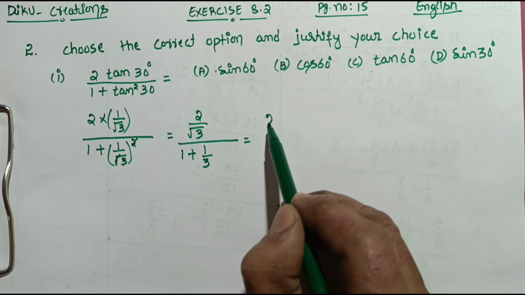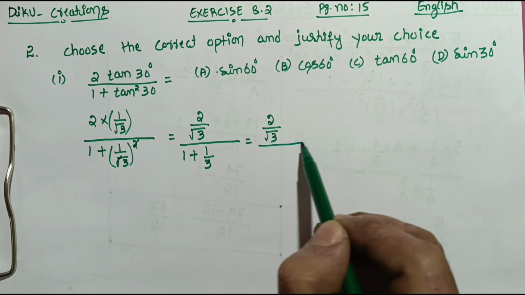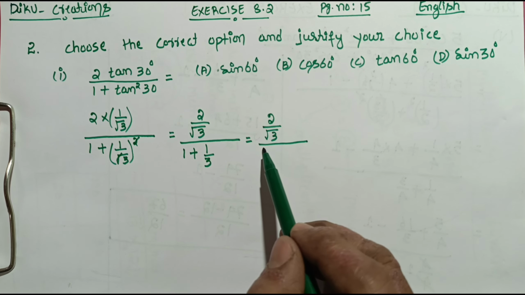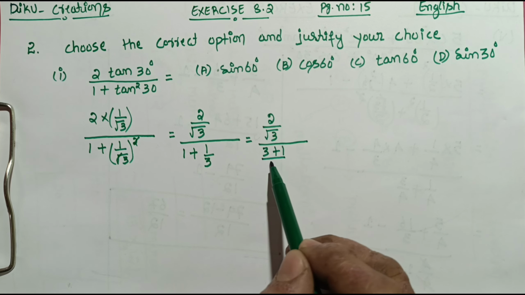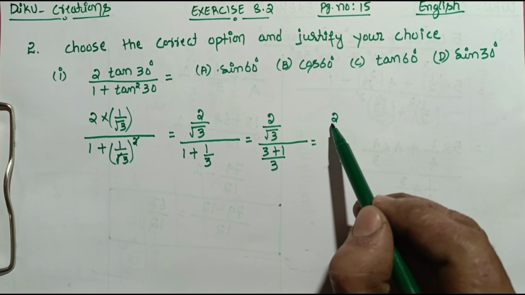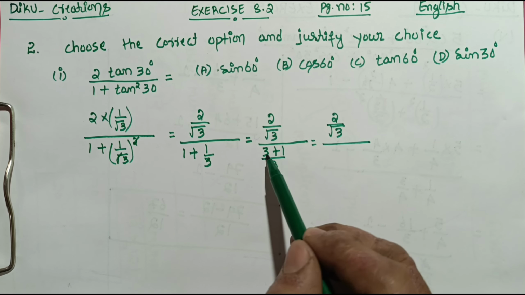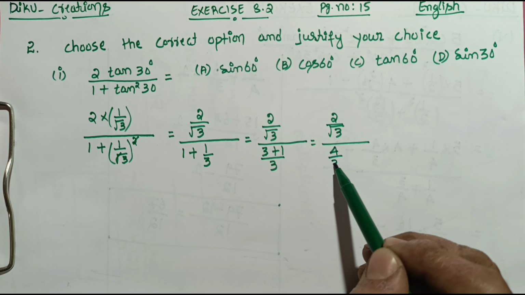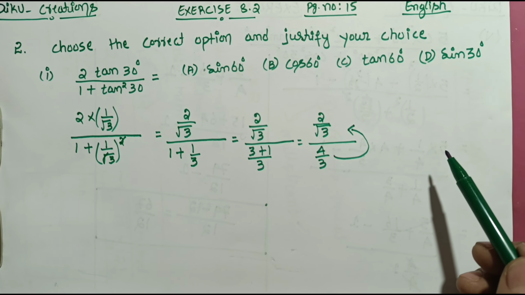Numerator I will write as it is, 2 divided by root 3 whole divided by 3 into 1, 3 plus 1 divided by 3. Now which is equal to 2 divided by root 3 whole divided by 3 plus 1 is 4 divided by 3. Now this denominator I will take to the numerator.